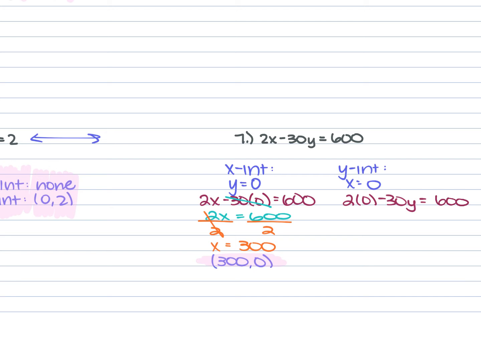The 2 times 0 cancels out. We're just working with the negative 30y is equal to 600. We divide each side by that negative 30. Because we have a 0 on the top and the bottom, 1 cancels out from each. So 60 divided by negative 3 gives us that y is equal to negative 20. So that's the y-intercept of 0, negative 20.